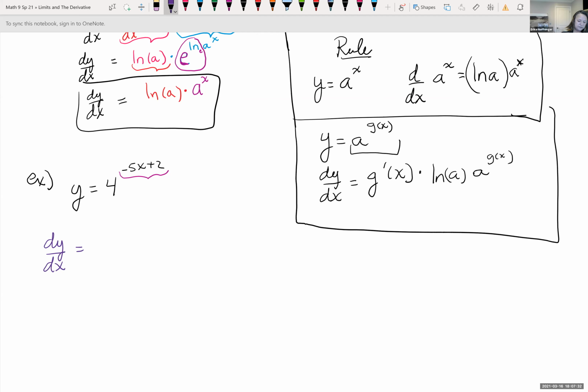This is equal to the derivative of our exponent, d dx of negative 5x plus 2, times the natural log of our base, which is 4, times the original function itself. The original function was this 4 raised to negative 5x plus 2 power.